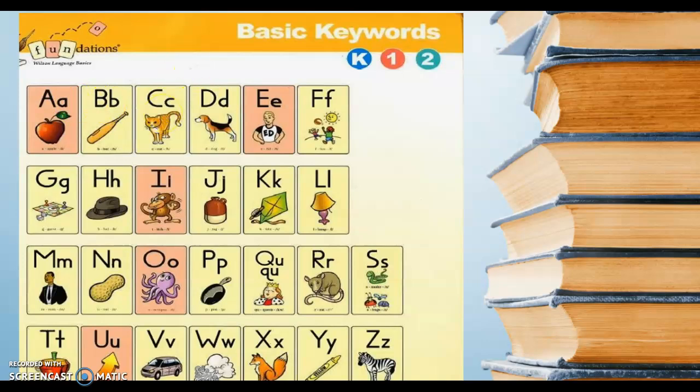C, cat, K. D, dog, D. E, ed, E. And F, fun, F. Good. I, itch, I. O, octopus, ah. And U, up.